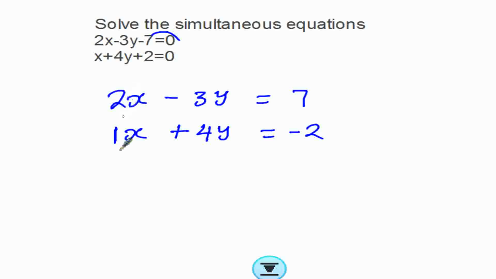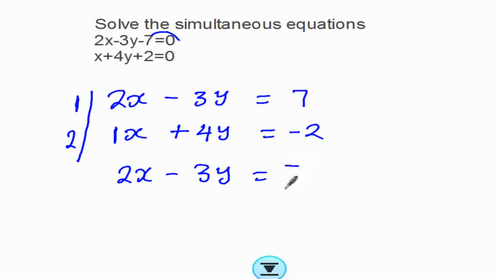So we make sure that that coefficient is the same. In case you have equations which have the same coefficients, then you just skip this next step. But in this case, they are not the same. We have 1 and 2. So we switch these. This multiplies up there and this multiplies down here, which will give us, this one remains the same, 2x minus 3y is equal to 7.